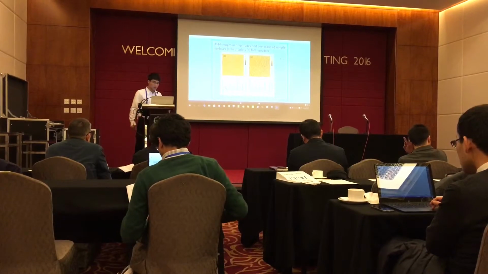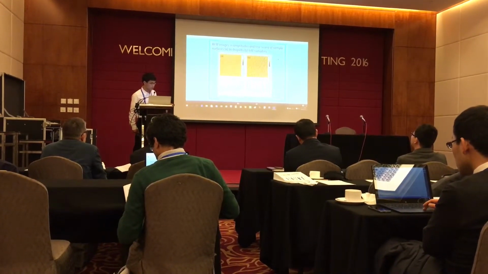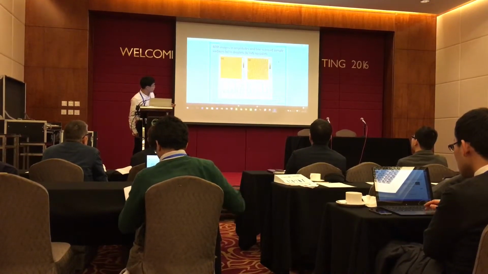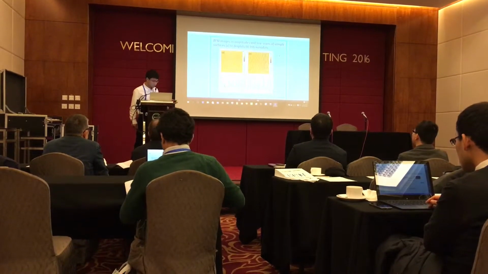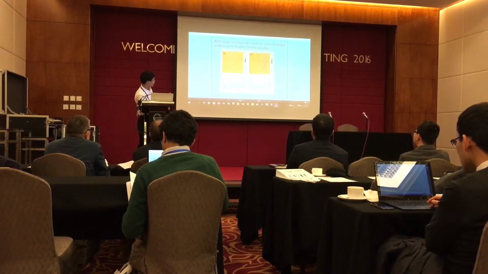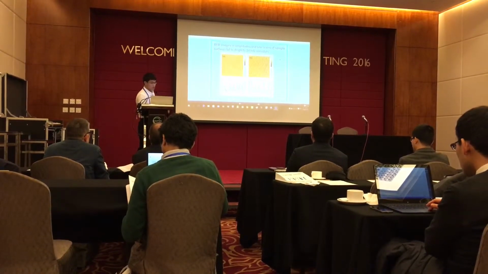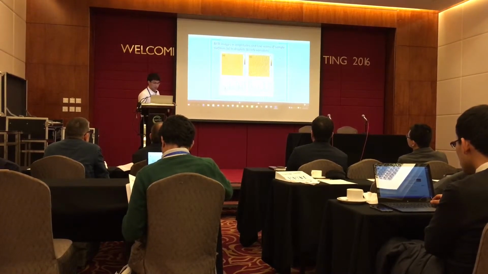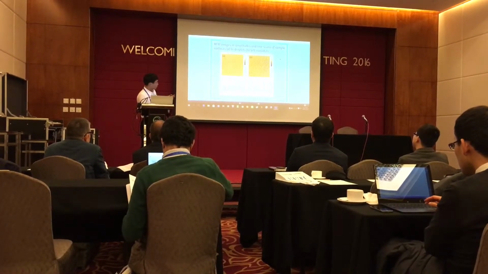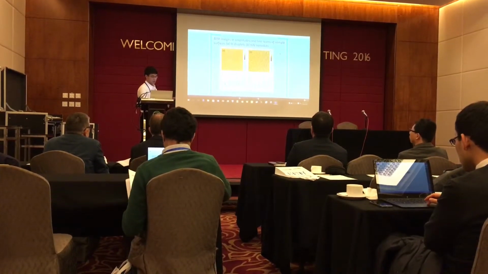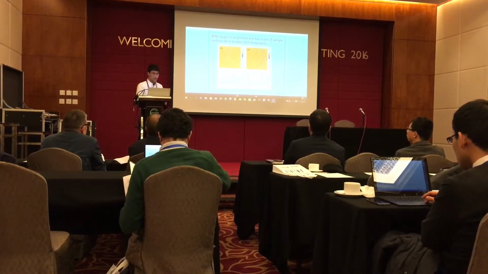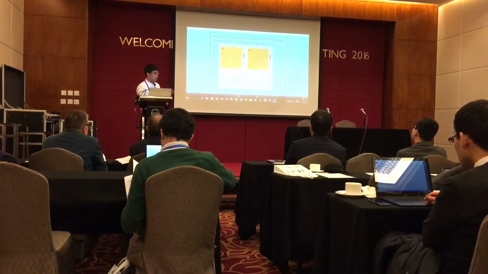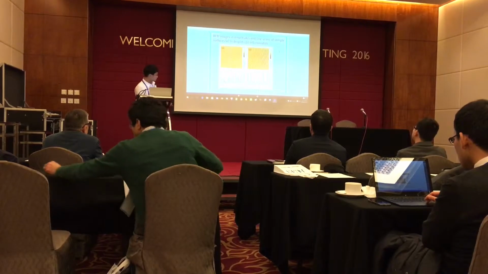AFM image in amplitude and line scan of the sample surface. Figure A is indium droplets and figure B is indium nitride nanodots. If you see the AFM image in amplitude here, you may find that the density of figure B is smaller than figure A. So it tells us that after we do the nitridation process, the density will decrease.